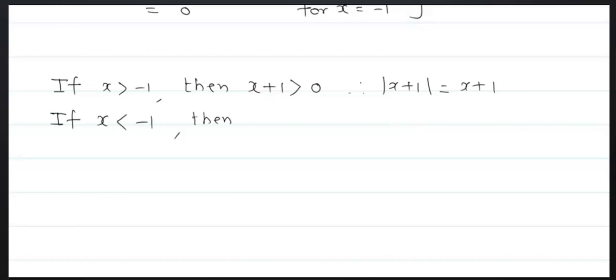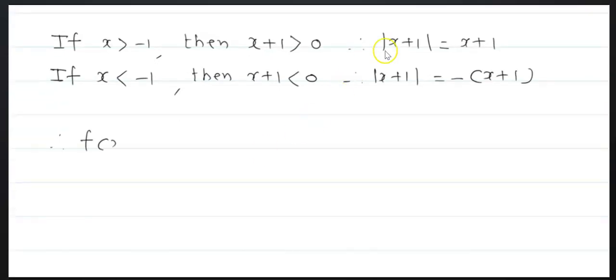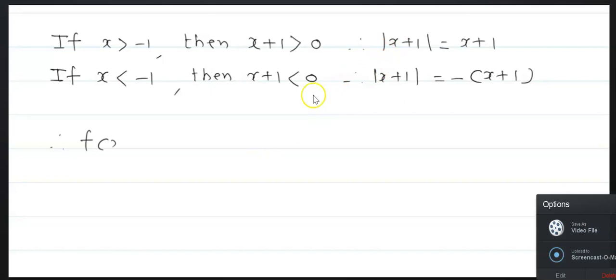Mod of x plus 1 is equal to x plus 1. And if x is less than minus 1, then x plus 1 is less than 0. And how is it solved? Add 1 on both sides, then you will get x plus 1 is positive. Therefore, mod of x plus 1 is equal to x plus 1 for x greater than minus 1.